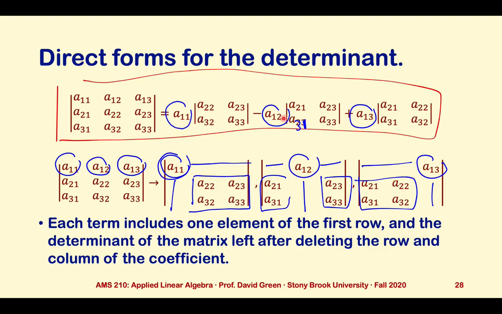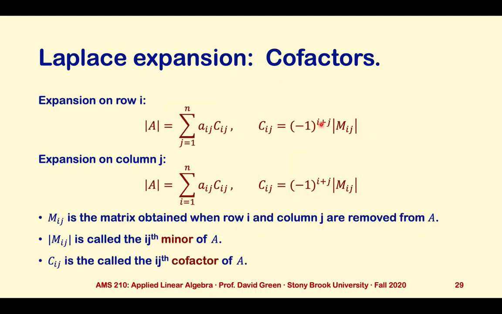When we had 1, 2, 1 plus 2 is 3, we had a negative. When we had 1, 3, 1 plus 3 is 4, we had a positive. Even sums gave us a positive, odd sums gave us a negative. That's expressed here. -1 to an even power is +1, -1 to an odd power is -1.